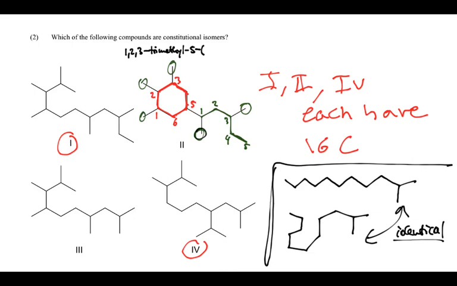And now we rename these two guys. Right? 1, 3 dimethyl pentyl and cyclohexane. Does that make sense? So that's this guy.